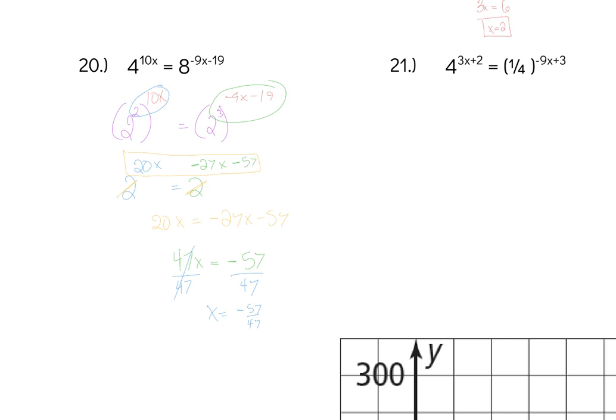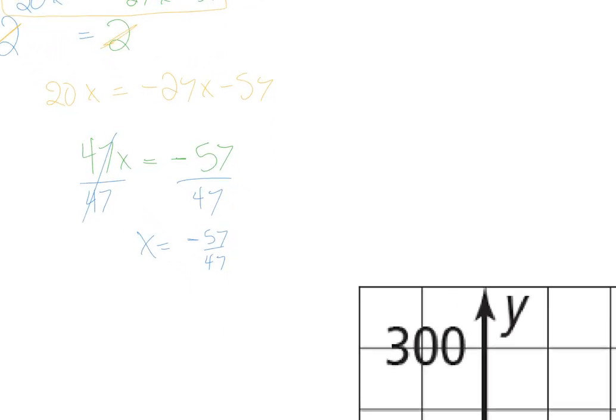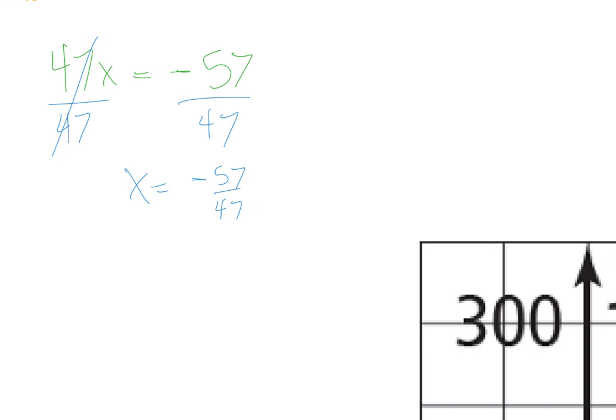Right. And then they're equal to each other, right? And then we add 27, and we're going to get 47. So as ugly as this is going to appear, we're good, okay? And I think that's just the final answer because we cannot simplify that.